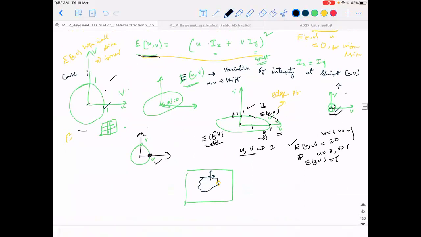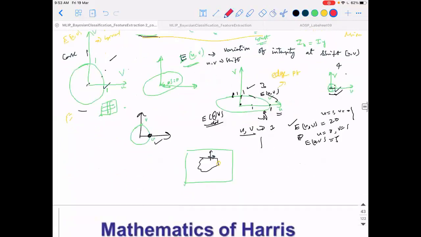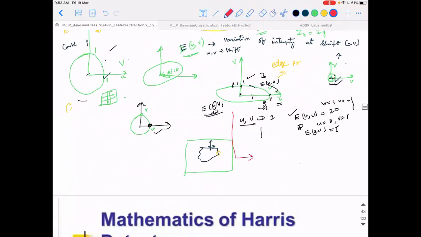Let me try to sketch, because we can't sketch in 3 dimensions. For the same U and V, the strength of it I am showing by these dots. Then what will happen?